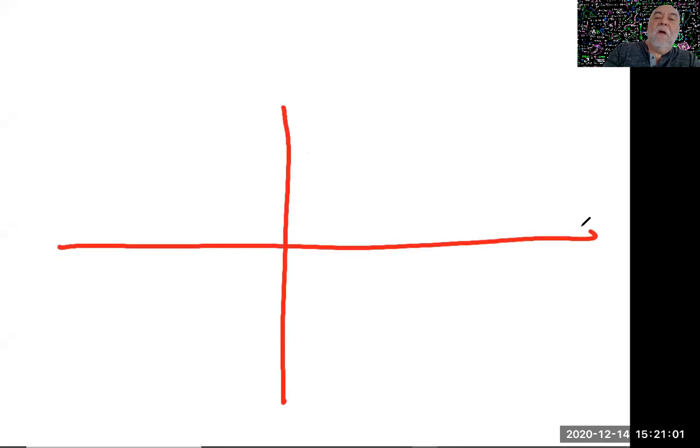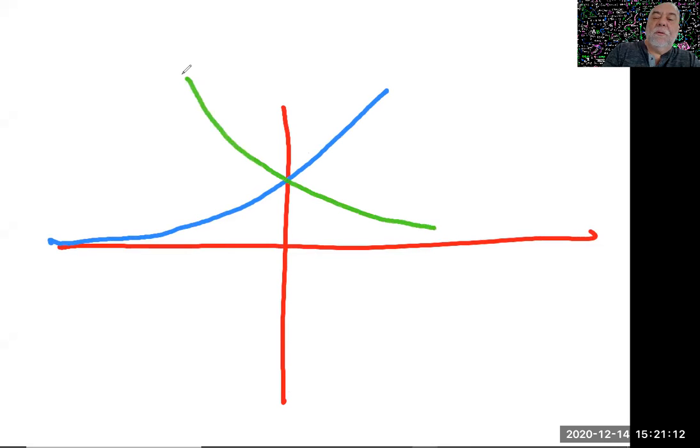Now, for the purposes of Algebra 1, your growth curves will look like this. Decay curves will look like this. Notice that this blue curve and this green curve, they get really close to the x-axis here, but they'll never touch it.